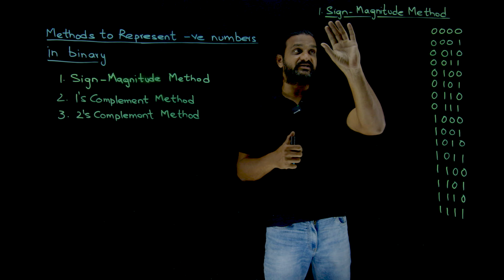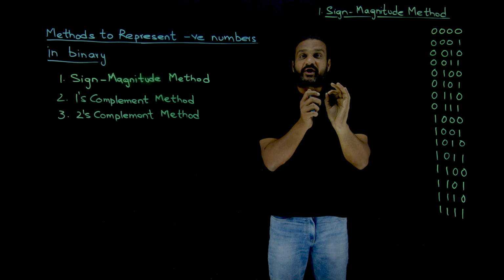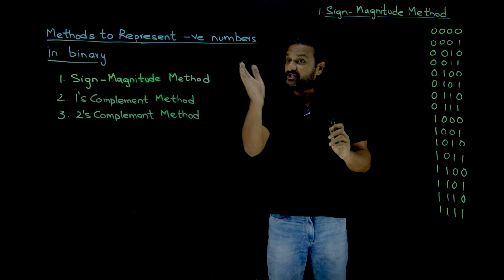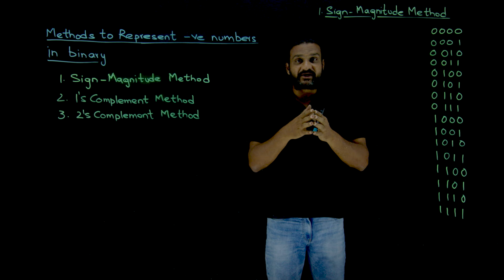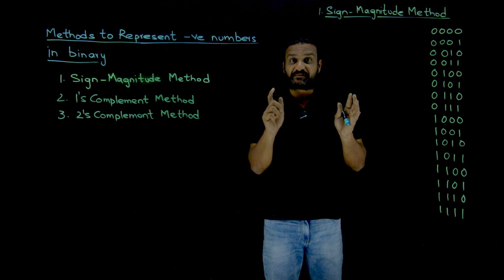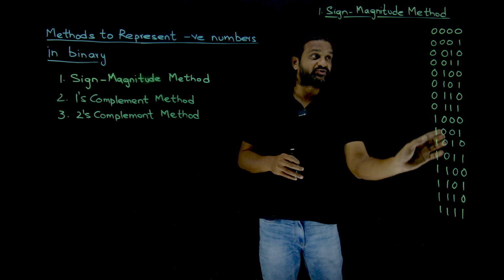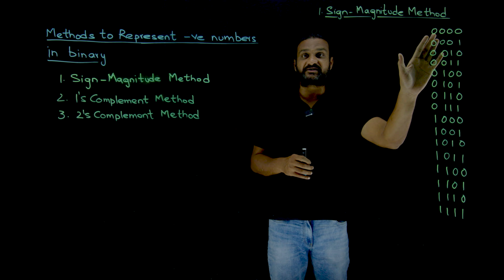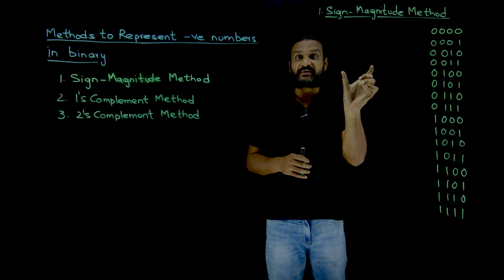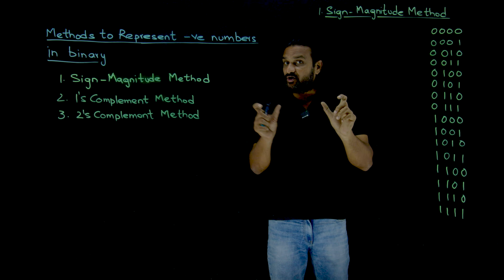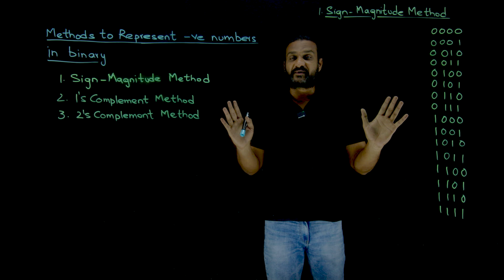A very important point that you have to keep in mind for any of these methods is always the leftmost bit, whatever the number of bits used to represent a number. For example, these are 4-bit representations of numbers, and it may be 4 bits, or 8, 16, 32 or 64 bits.